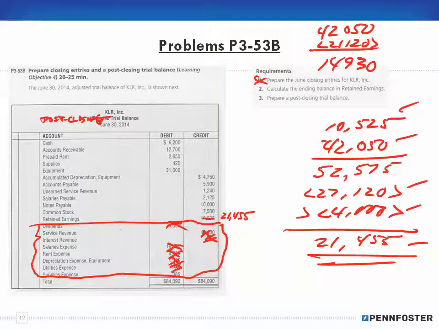So if I create a new post-closing trial balance, I'm going to have the change in the heading date, and the retained earnings amount is going to be 21,455. And if I wanted to list all of these accounts, then I would just have zero balances for all of those accounts.